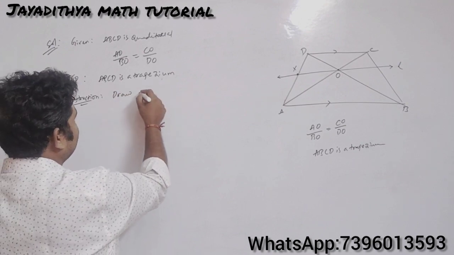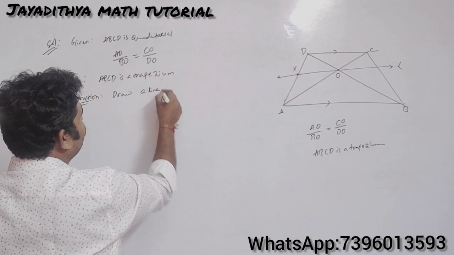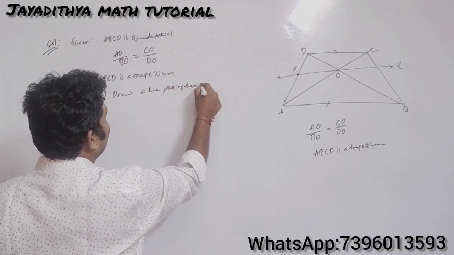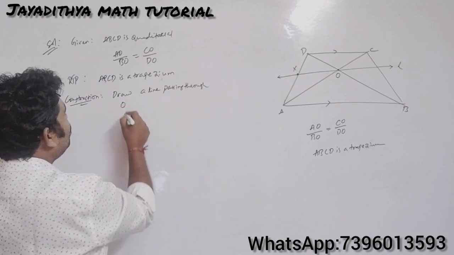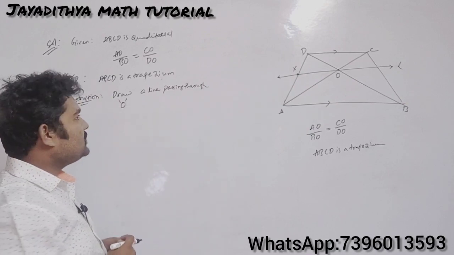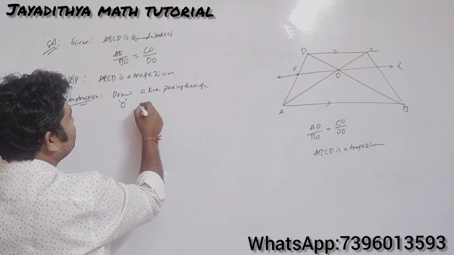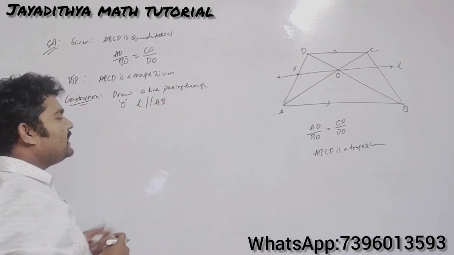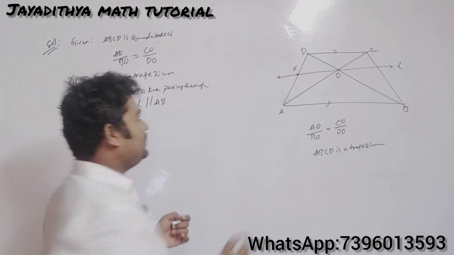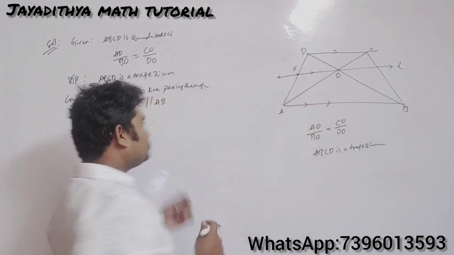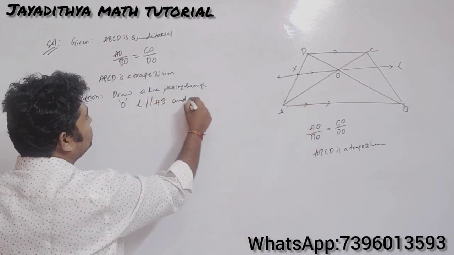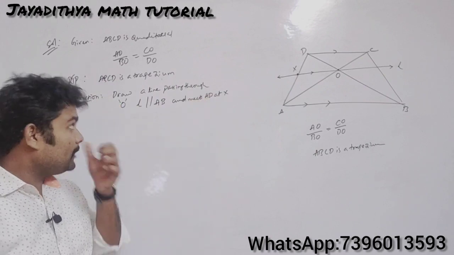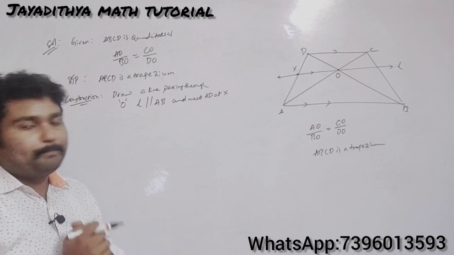Draw a line passing through O such that the line L is parallel to AB. So let us take the line parallel to AB here, you are taking like this now, and it meets AD at X.